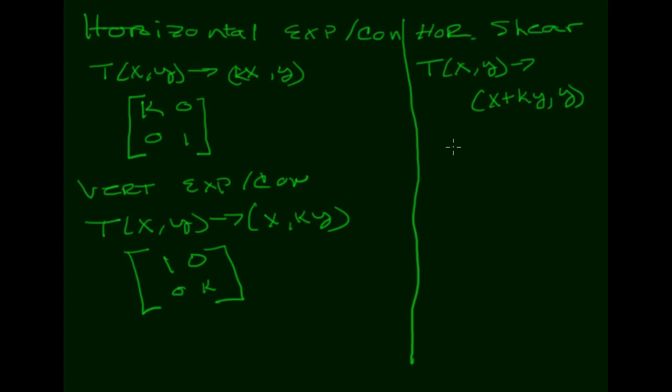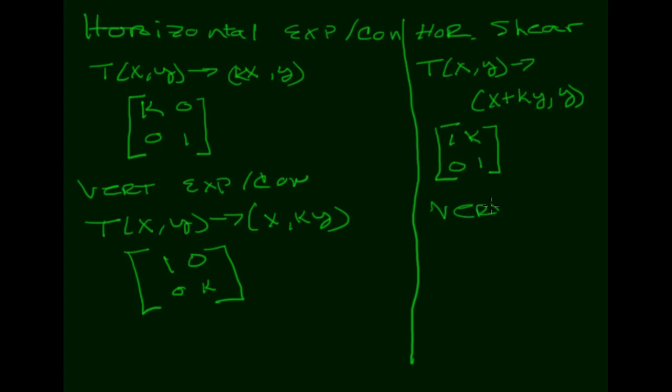So in terms of elementary matrices, this is multiply the second row by k and add it to the first. And this gets me this idea of shear. I expand above the x-axis to the right. Below the x-axis, I'm shifting to the left. So this is what we're going to refer to as the horizontal shear.